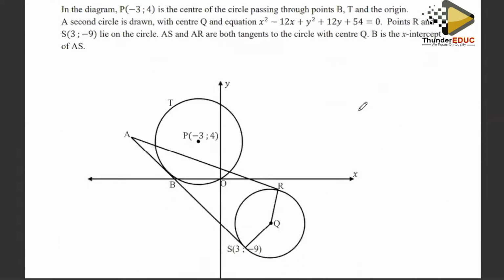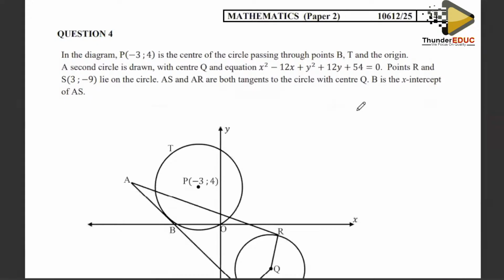Question number 4 with the circle geometry, no, the analytical geometry with circles. What are they telling us? We're being told that in the diagram, P is negative 3, 4, is the center of a circle that is passing through B, which is the x-intercept. And then T is the origin.